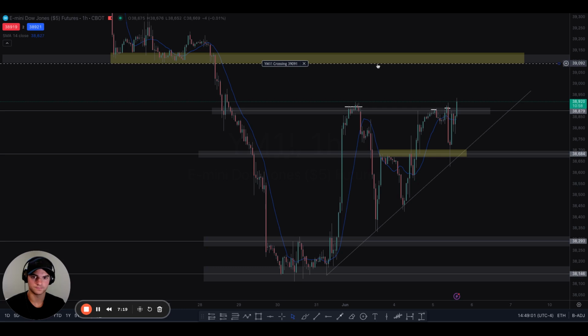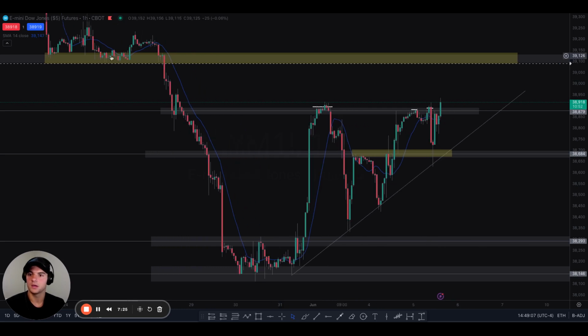All right, so yeah, let's keep this alert here. That was weird, but let's keep it. And this is my target for the upside. I'll be looking to enter if price gives me a confirmation again for the retest on this level, and then we'll be eventually going up, right?